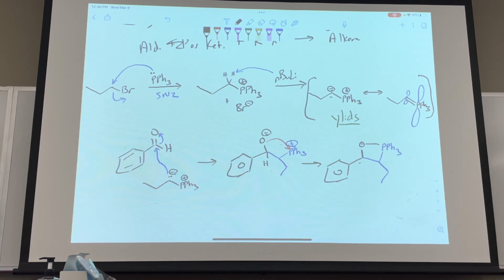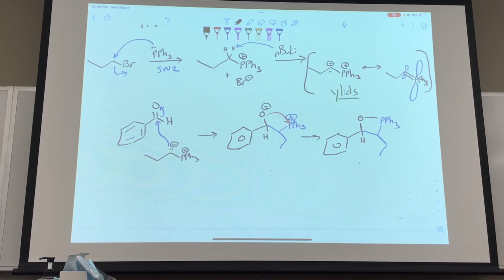So we make this thing. And then the driving force of this whole process is the formation of a phosphorus-oxygen double bond. Phosphorus-oxygen double bonds are very, very strong. And so enthalpically, they release a lot of energy upon formation. And the way we're going to do that is bring the electrons down from here, which is going to break this bond, like so.